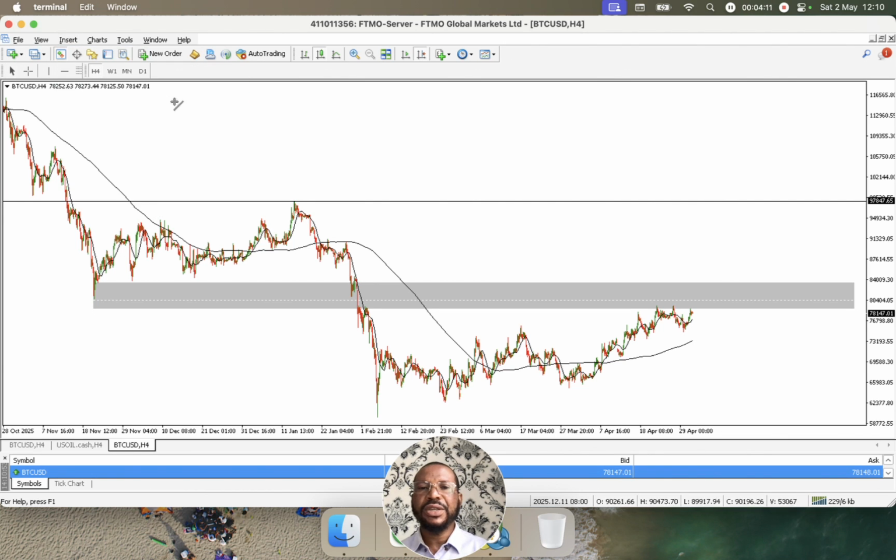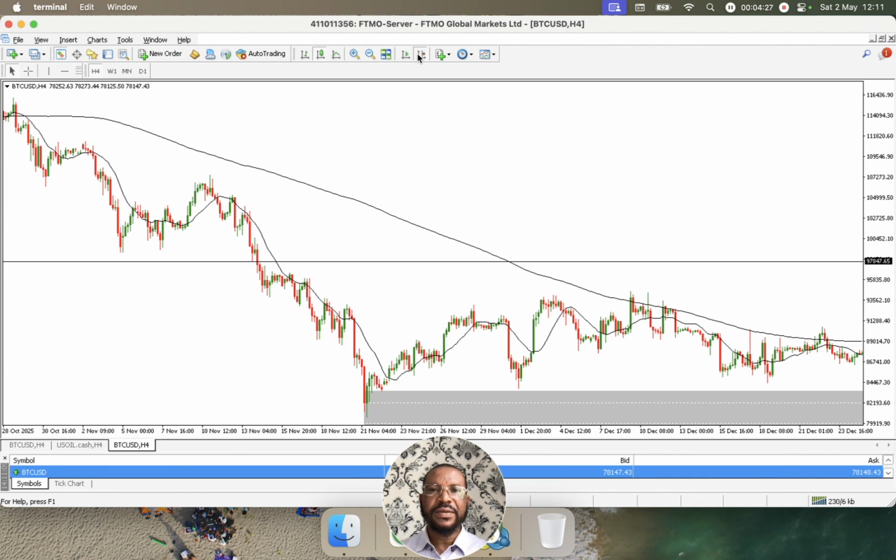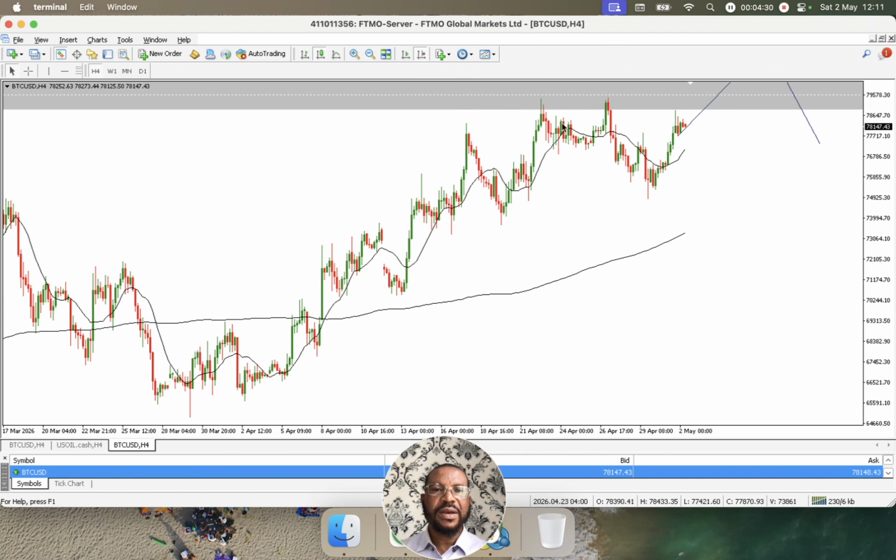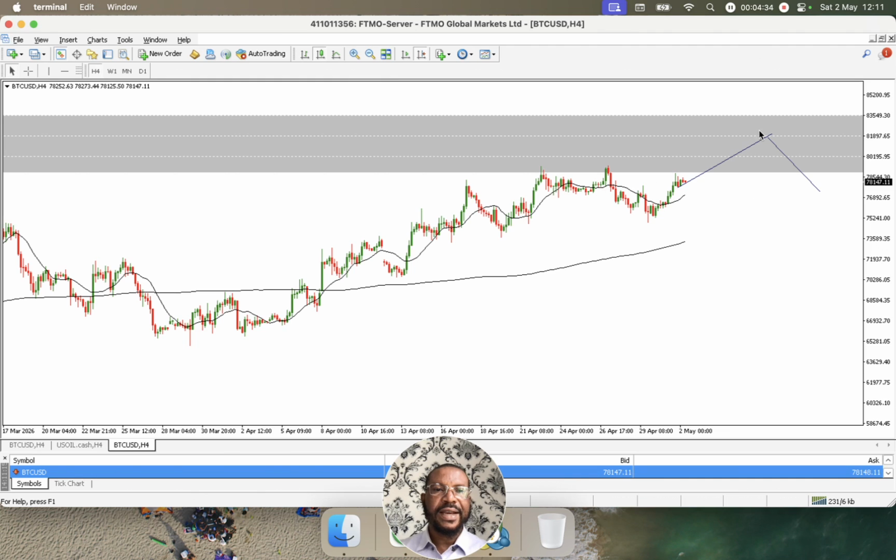I want the BTC USD to pull back, to rally up here. There are some traders who have been trying to sell this market from here. I want the market to come in and take them out.